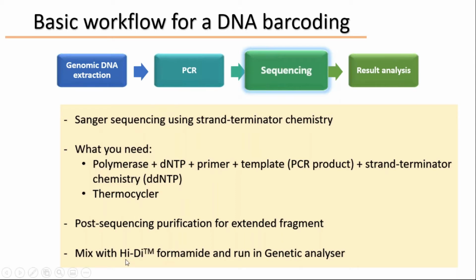After this, we mix with hi-di formamide and run in the genetic analyzer. And there will be software used to analyze and call the bases in the sequence for you, so that you can determine the sequence of your conserved gene.